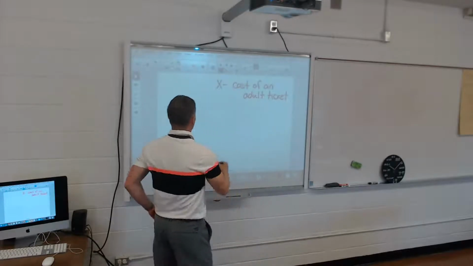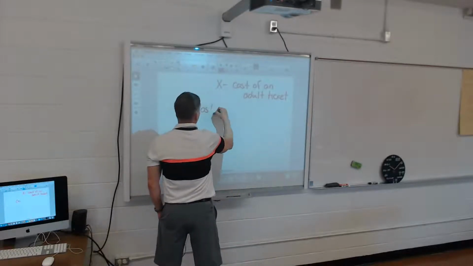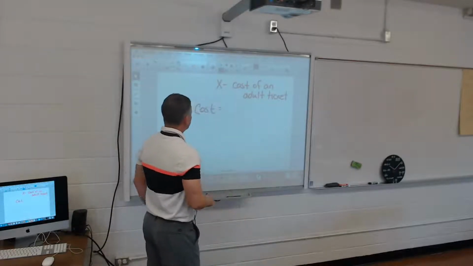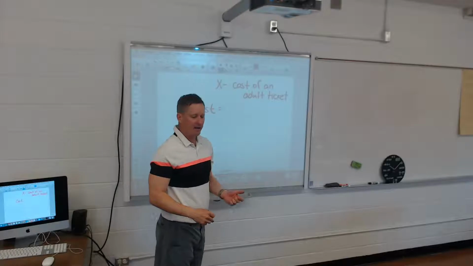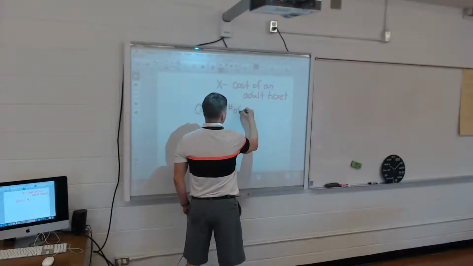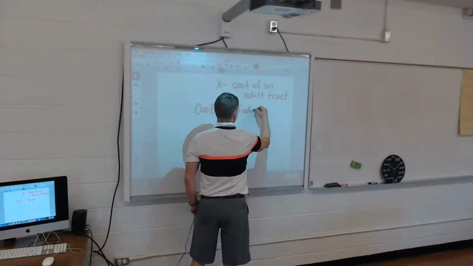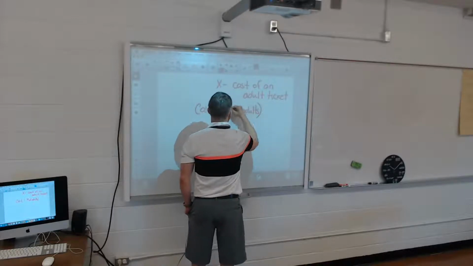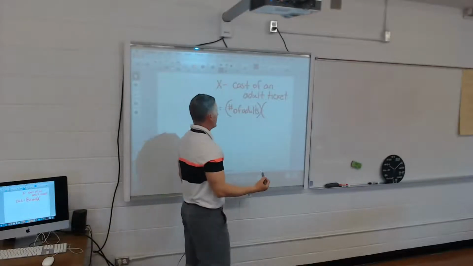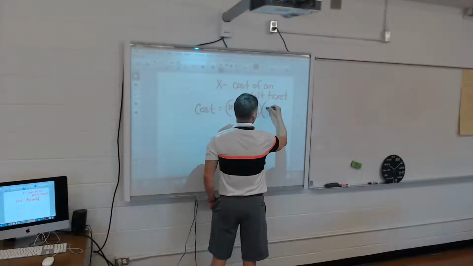To find out how much it costs for adults to go to the zoo, you take the number of adults that I have and multiply it by the cost per ticket.